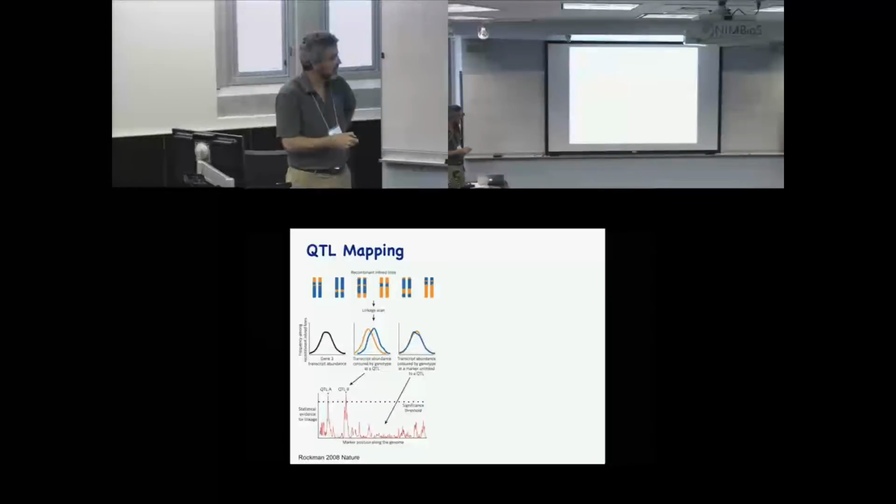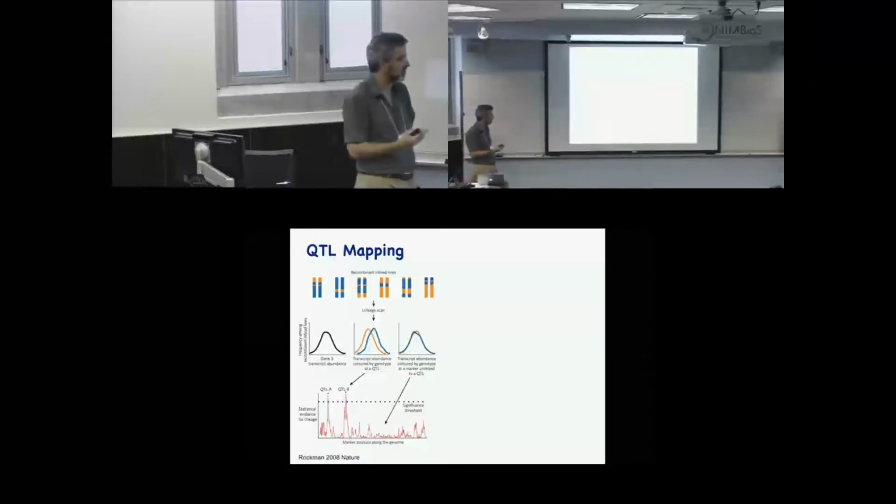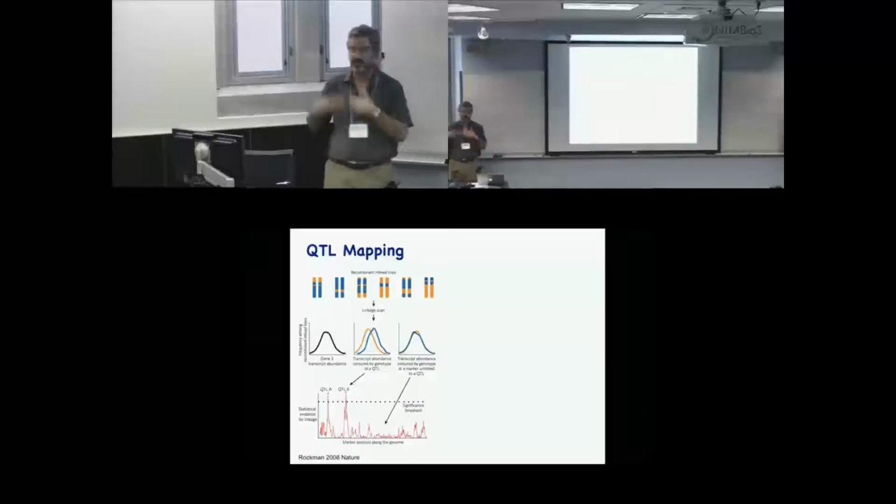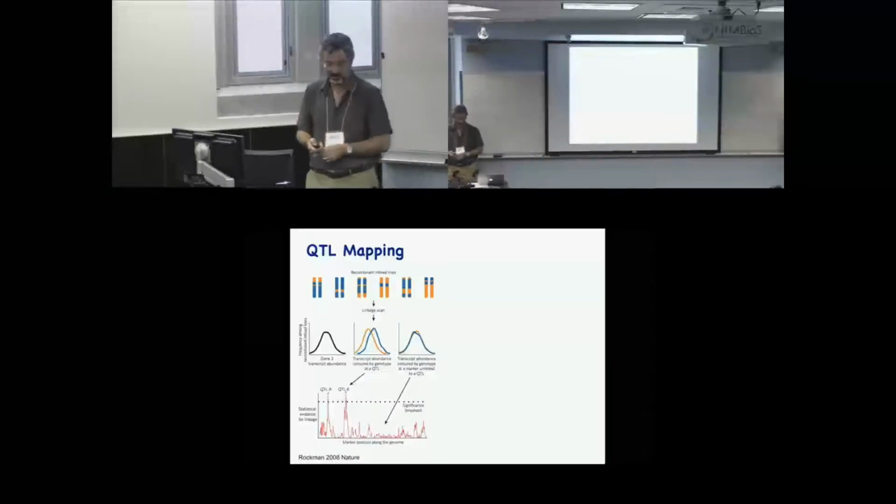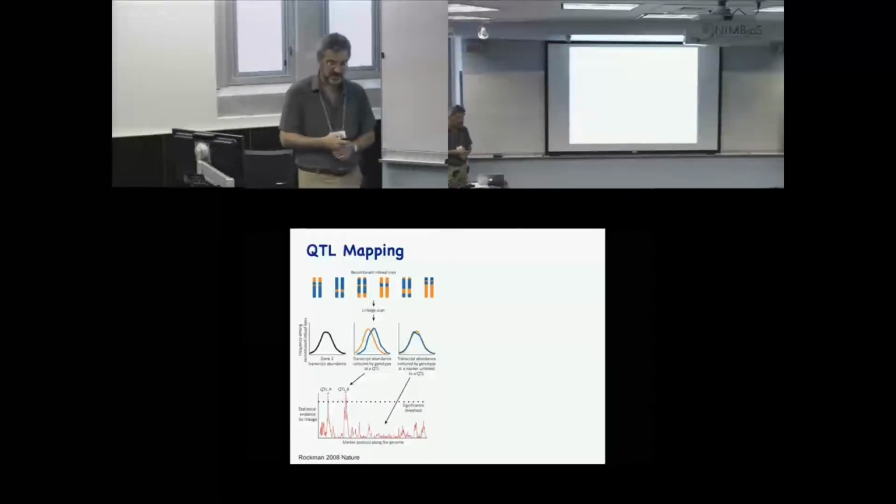So this could be any trait. This paper from Matt Rockman in Nature is actually talking about RNA transcripts as a trait. So you can imagine if you measure transcription of every gene in the genome, there's tens of thousands of traits that you're looking at.